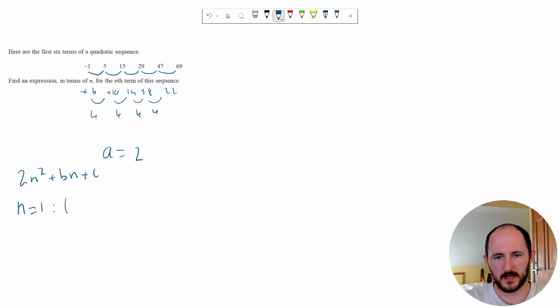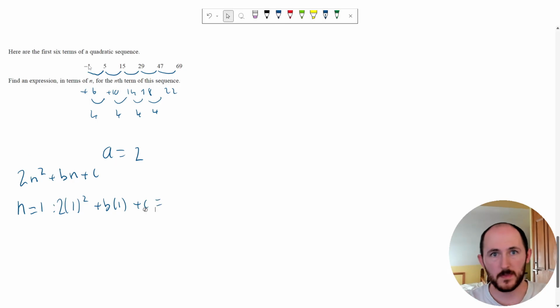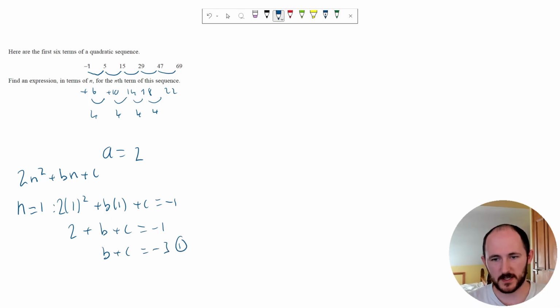So when n equals 1, we get 2 times 1 squared plus b times 1 plus c should equal negative 1, just from the question. 1 squared is 1, times 2 is 2. So 2 plus b plus c equals negative 1. Minus 2 from both sides, we get b plus c is negative 3. That's our first equation.